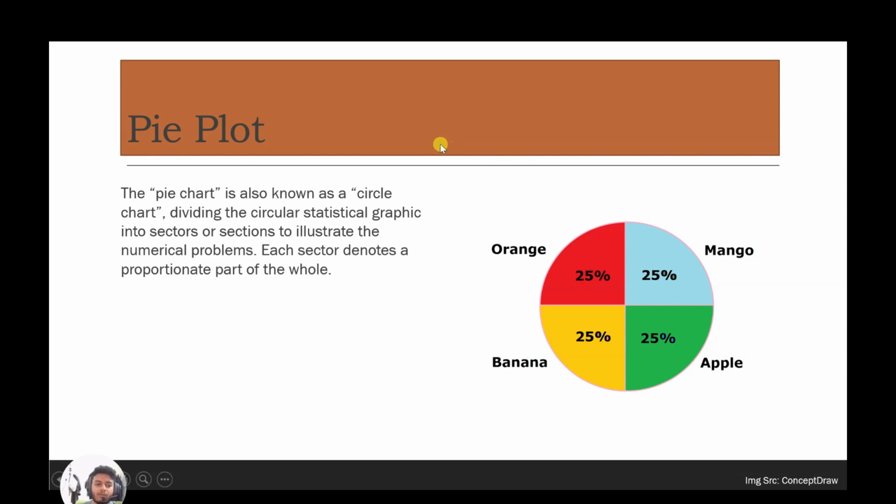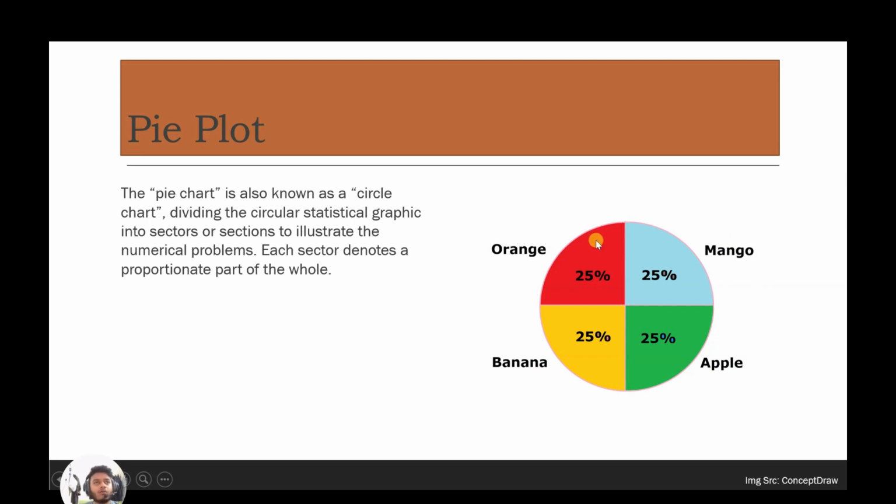Okay, now we have the pie plot. Pie plot is a circular statistical graphic that divides, say, sectors and products. In a company there are different sectors, and every sector has different types of products that you sell. Let's take an example: your company sells in these sectors: orange sector, banana sector, apple sector, mango sector.